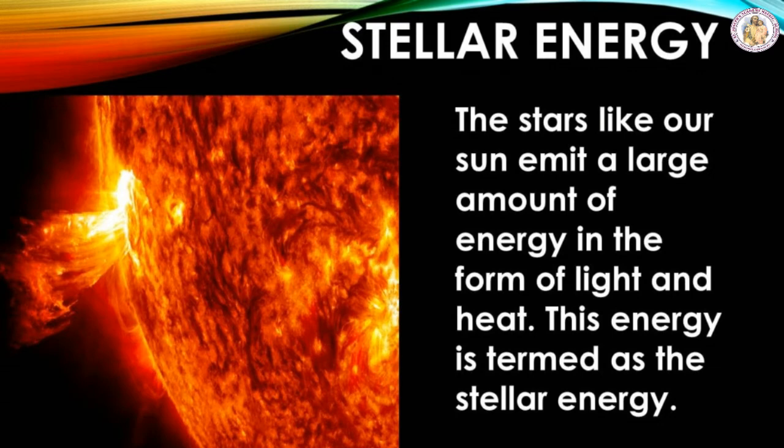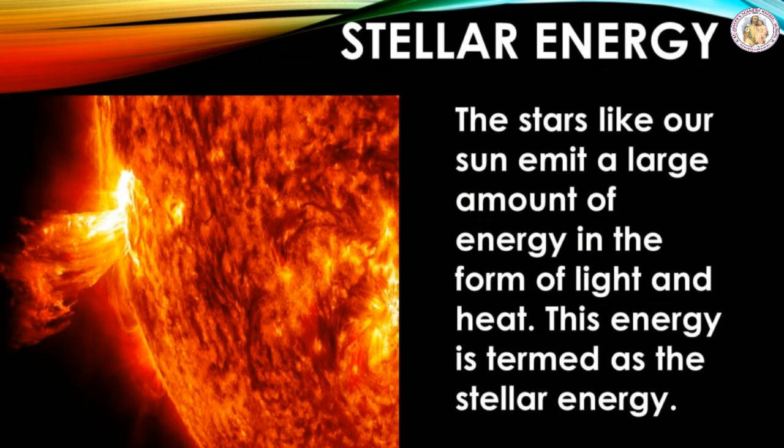The stars like our sun emit a large amount of energy in the form of light and heat. This energy is termed as the stellar energy. Where does this high energy come from? All stars contain a large amount of hydrogen. The surface temperature of the stars is very high, which is sufficient to induce fusion of the hydrogen nuclei.